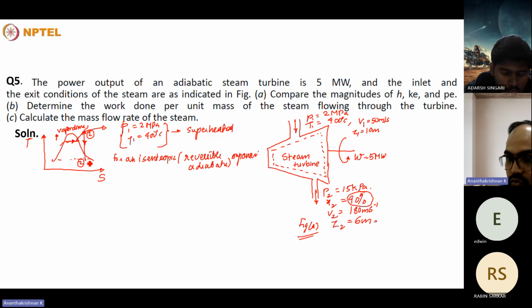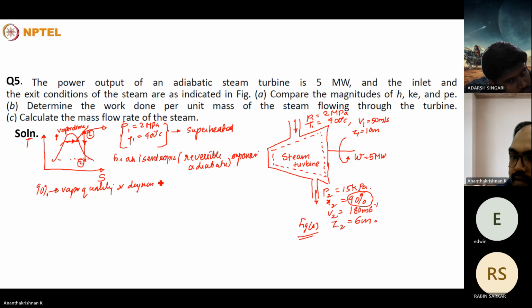They can't exist without one another. They will coexist. So in order to denote the state point, you need another property, and for that we use the dryness fraction or the quality. Both are same, of the vapor that is coming out. So 90% vapor corresponds to vapor quality or the dryness fraction, that corresponds to mass of vapor divided by mass of vapor plus mass of liquid.